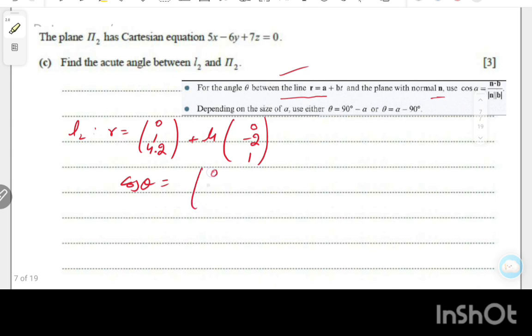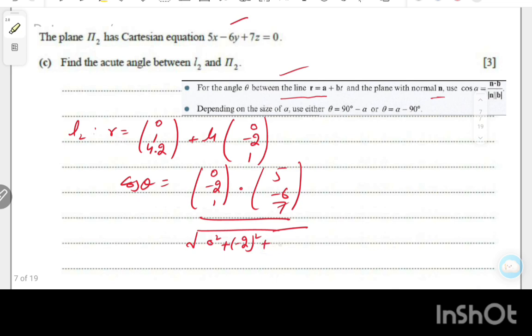It is n dot b: b is 0, minus 2, 1 from the second equation, and n is 5, minus 6, 7, divided by the magnitude, 0 squared plus minus 2 squared plus 1 squared, and similarly the other magnitude, 5 squared plus minus 6 squared plus 7 squared.